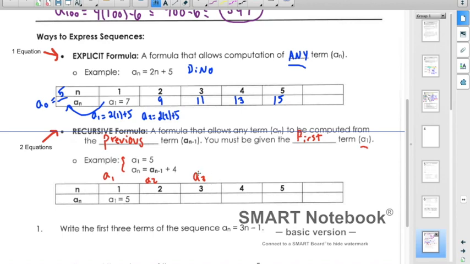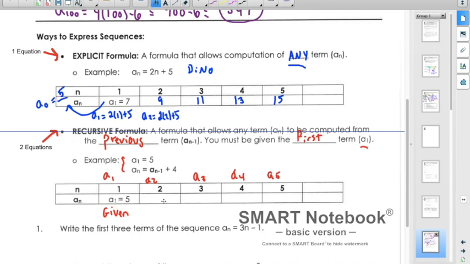Which term is it? This is the first term, this is the second term, third term, fourth term, fifth term, and so forth. So here, a sub 1 is given. That's nice. But how am I going to find a sub 2?